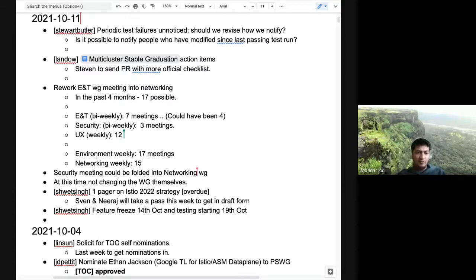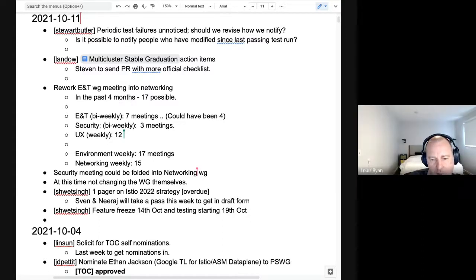Obviously the scheduling clearly indicates that makes sense. We can always reassess if we're running into programming issues or other things. We should see how this plays out and take a look at the working group structure itself.